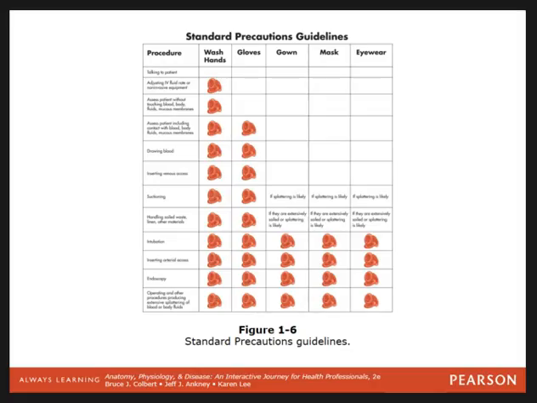Your book has a table or a slide that shows the types of procedures dealing with patients and what the standard precaution guidelines are. These guidelines are determined by the CDC, so we follow their recommendations. Of course, the more serious the procedure, the more stringent the guidelines for the protective equipment.